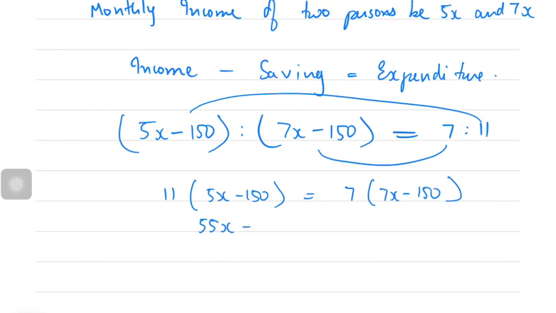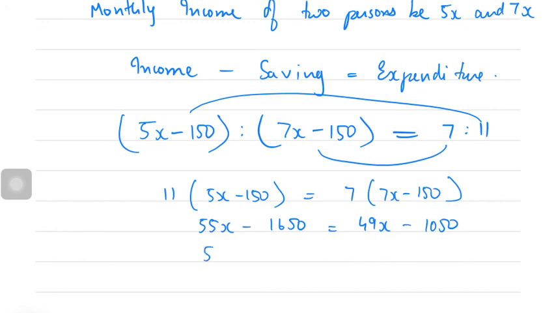So 55x minus 150 into 11, 150 into 11 is 1650. 7 sevens are 49x minus 150 into 7, which comes to 1050.